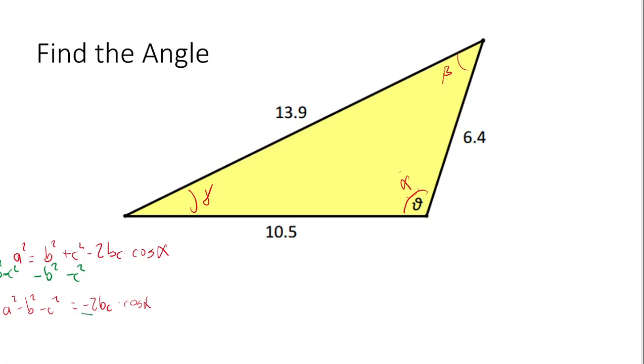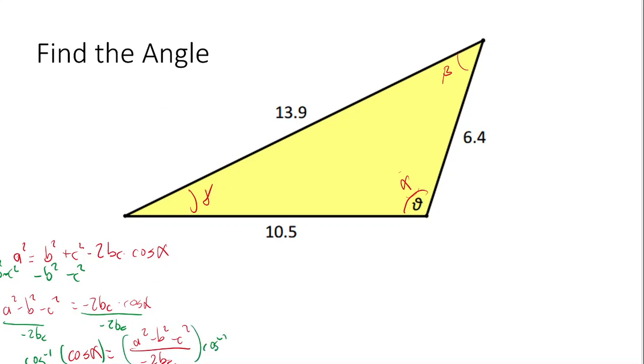Divide both sides by the negative 2bc. Now we're going to have cosine of alpha is equal to a squared minus b squared minus c squared divided by negative 2bc. Now we're going to do a similar thing that we did in the previous problem, where we take the inverse cosine of both sides to solve for alpha here.